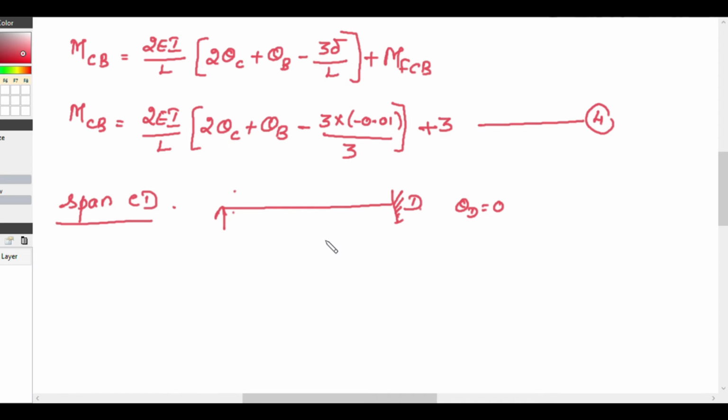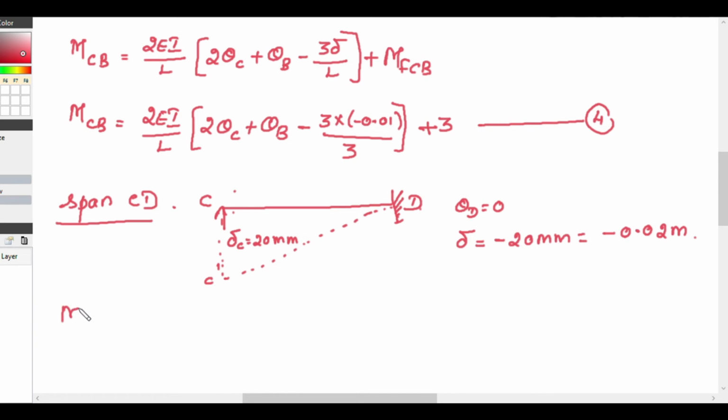Now here the delta value is upwards, so it is minus 20 mm, that is equal to minus 0.02 meter, because delta C settles by 20 mm. So our C comes down. When you are considering CD, the settlement is in the upward direction, so the delta value is minus.